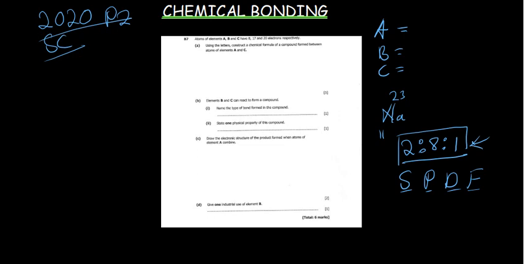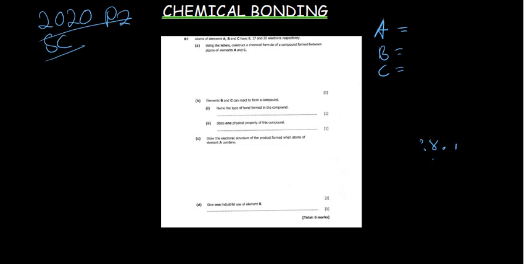Now we are given elements replaced using variables A, B, and C. We are told that A has 8 electrons, B has 17, and C has 20.